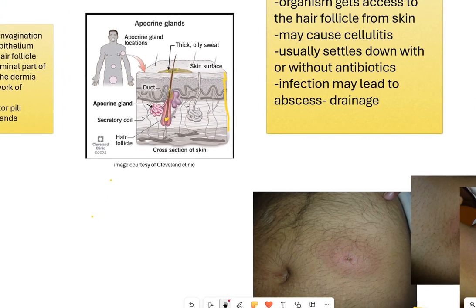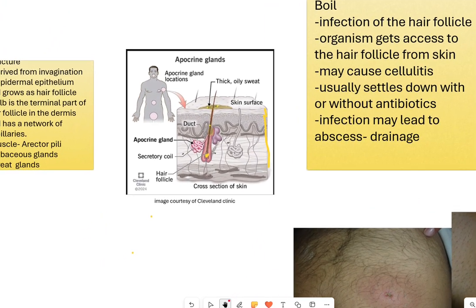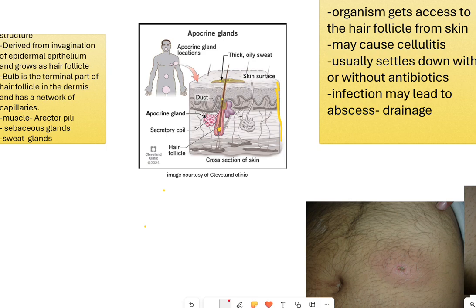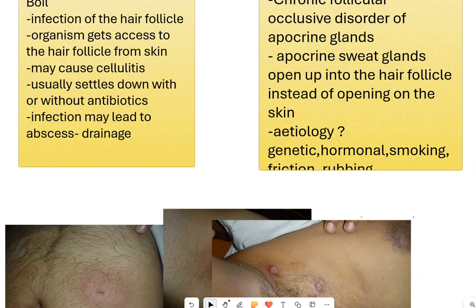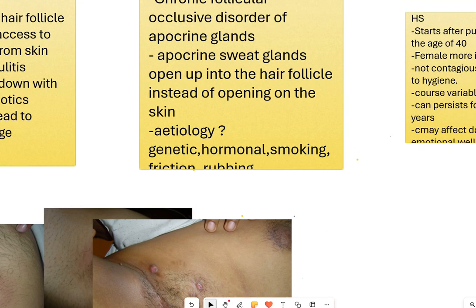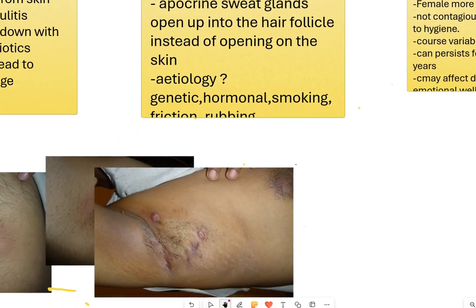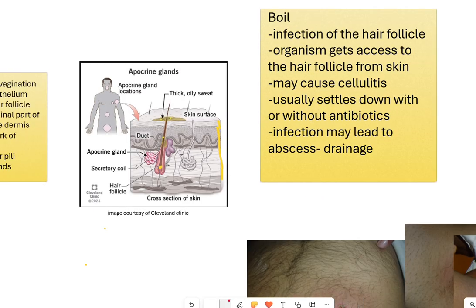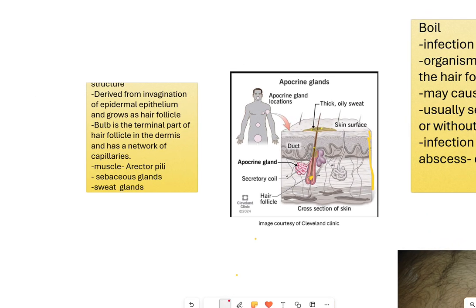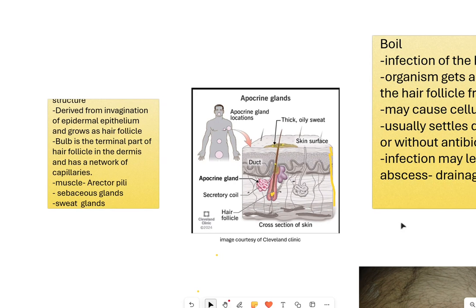Sometimes they may require surgical incision and drainage, and maybe even excision of the skin and skin grafting. So the important thing is to be aware of this pathology and tackle it with early diagnosis. I stop.